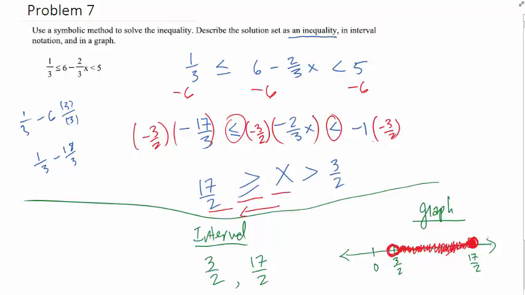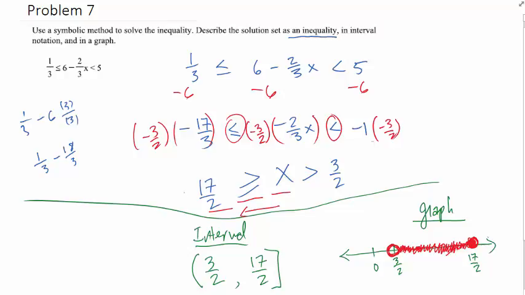Because it's together here, we can write this as one interval. If this was split up, then we'd have to write two intervals with a union in between, but in this case it's just one. The 3 halves is not included, so we'll use an open parenthesis. The 17 halves is included, so we'll use a square bracket. That is the interval notation.